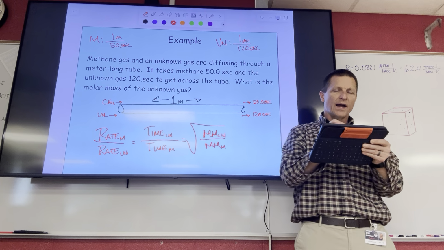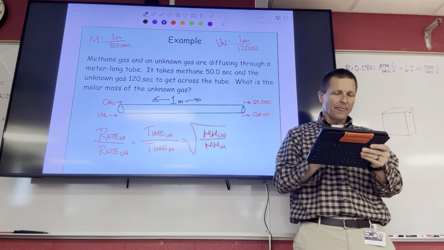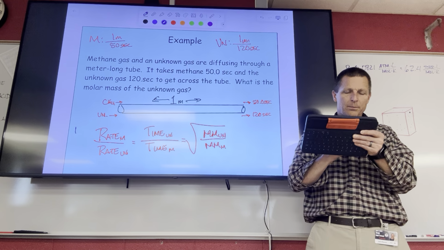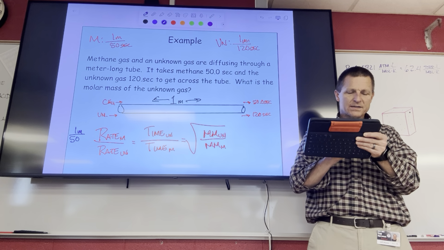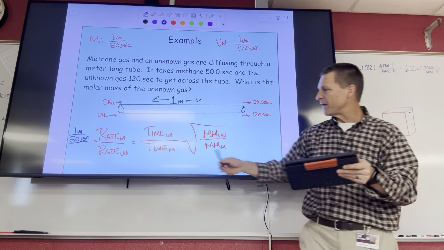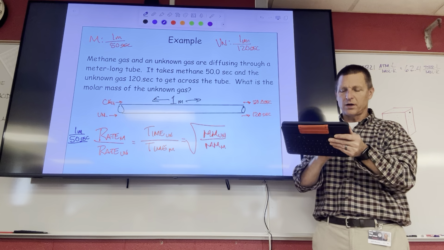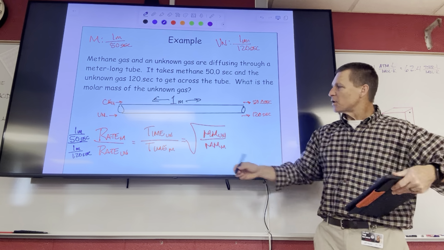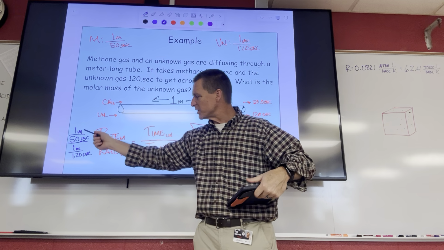Now, this is why. If I just use a different color, I'll show you. Remember that the rate of methane is up there in the left corner, 1 meter over 50 seconds, divided by the rate of the unknown, which was 1 meter over 120 seconds. So look at how this fraction works out.